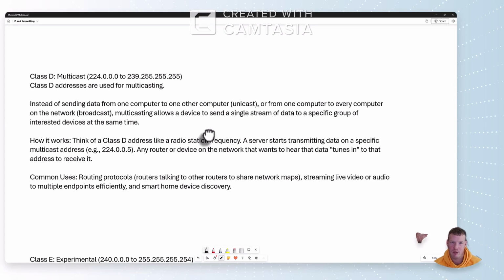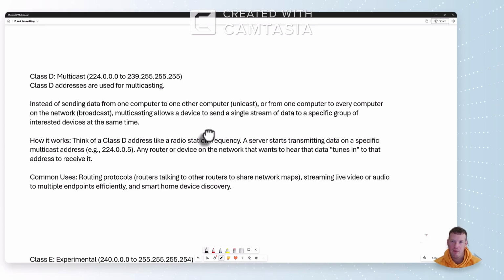Instead of sending data from one computer to another computer, which is unicast, or from one computer to every computer, which is broadcast, multicasting allows a device to send a single stream of data to specific groups of interested devices at the same time. How does it work? Think of Class D like a radio station frequency.